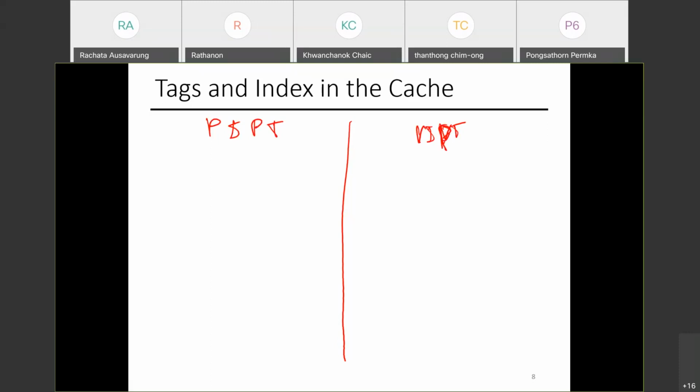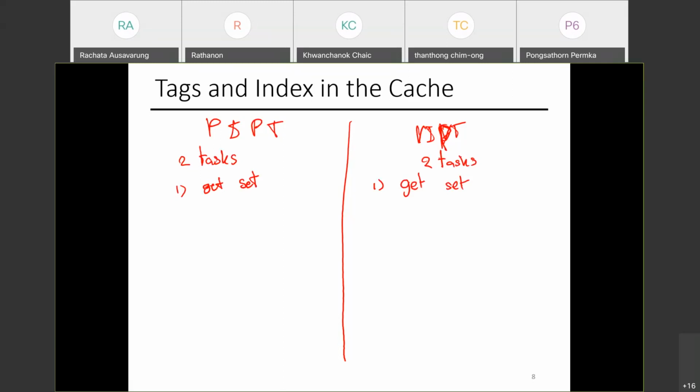What do you need for PIPT to get the index? If you break it down, there are two tasks, and both of them need these two tasks. First, get the cache set. So what is the information in PIPT that I use to get my cache set?